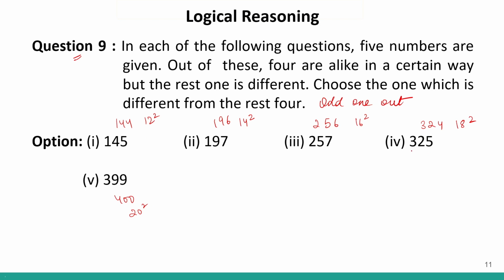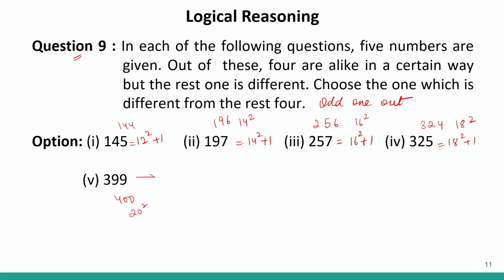So these are very close to squares. Now if I look at this number 145, I can say this is 12 square plus 1. Correct? 144 plus 1. Similarly, I can say this is 14 square plus 1. I can say this is 16 square plus 1. I can say this is 18 square plus 1.